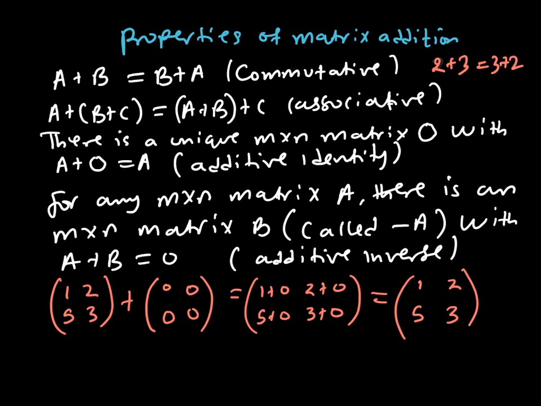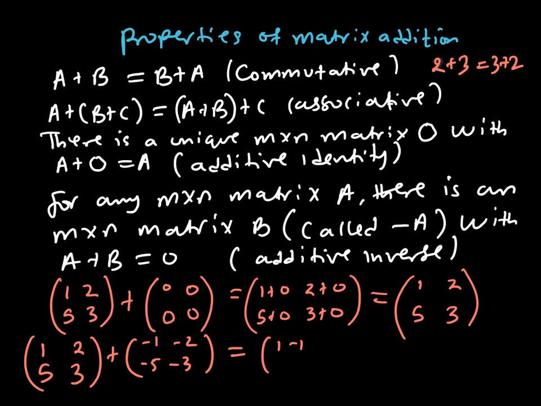Then we also have what we call the additive inverse. If we have this matrix 1, 2, 5, 3, the negative of this matrix is what we call B, which is minus 1, minus 2, minus 5, minus 3. Adding them is the same as 1 minus 1, 2 minus 2, 5 minus 5, 3 minus 3, and it gives you a 0 matrix, which is 0, 0, 0, 0.